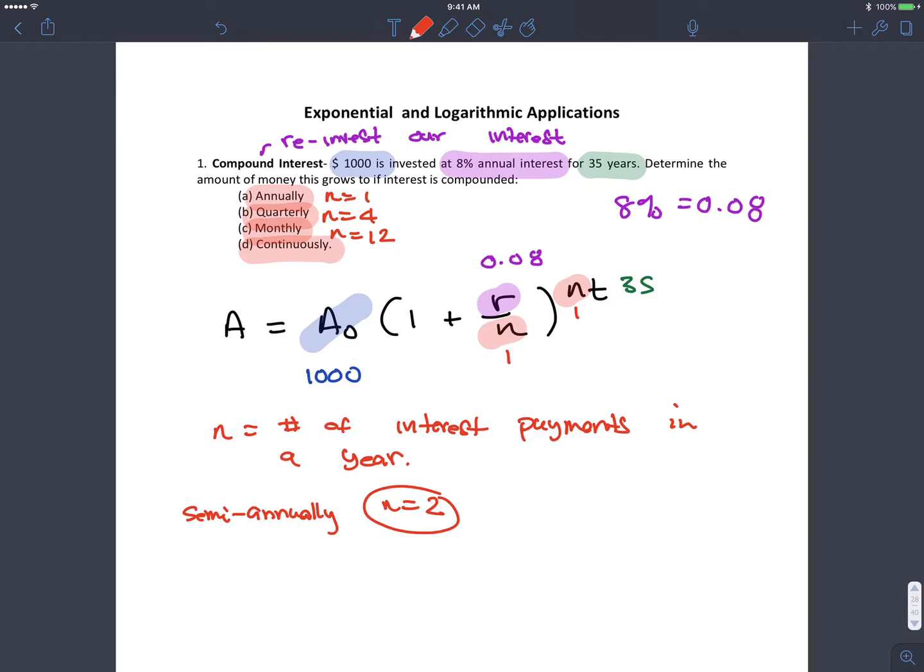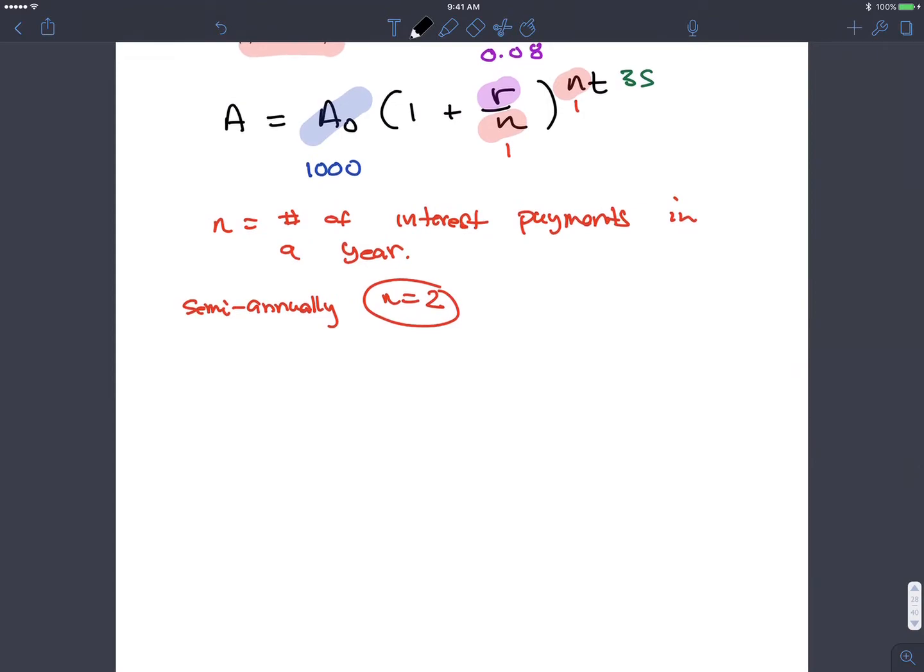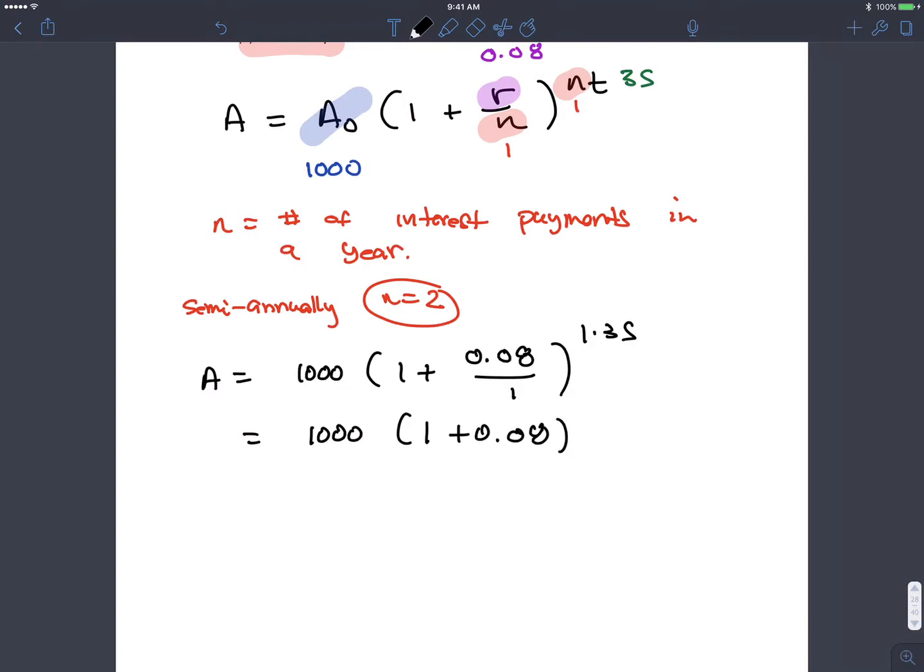And so our model becomes the following. We get the amount to be 1,000 times 1 plus 0.08 over 1, raised to 1 times 35. If I simplify, we get 1 plus 0.08, 1 times 35 is 35.